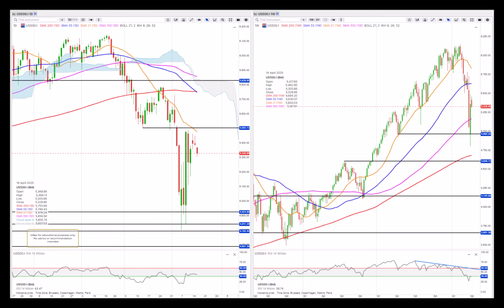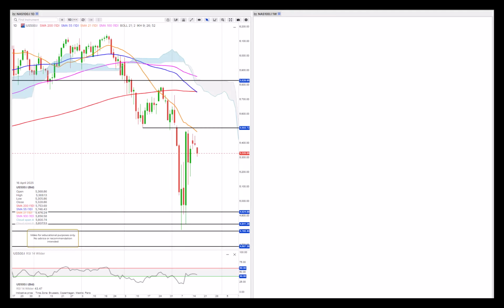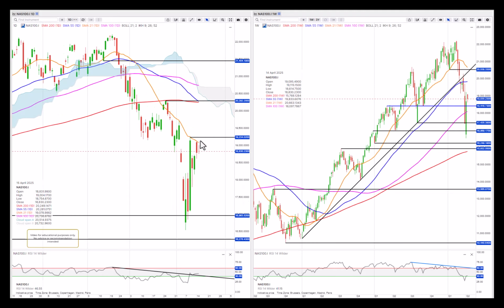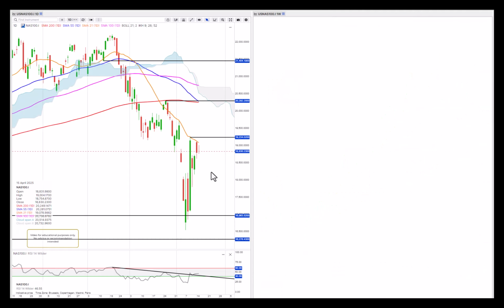On the Nasdaq 100, we have 19,234. If it can close above that, then there's potential up to 20,000, maybe 20,290. And here we have the resistance at 22,292. That would be key. But pre-market, we are almost down 2%.